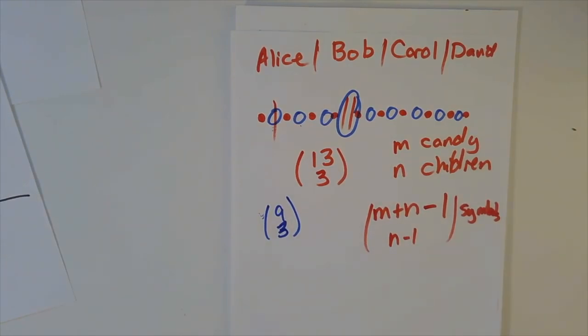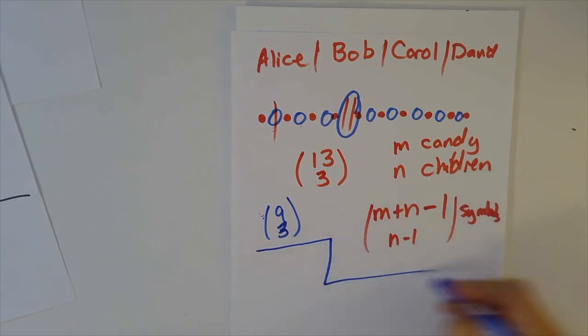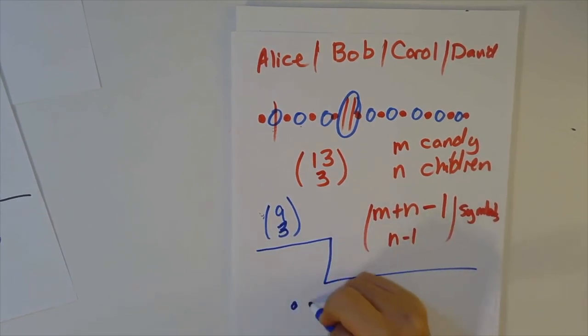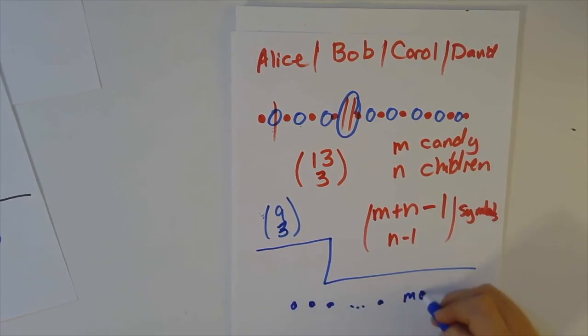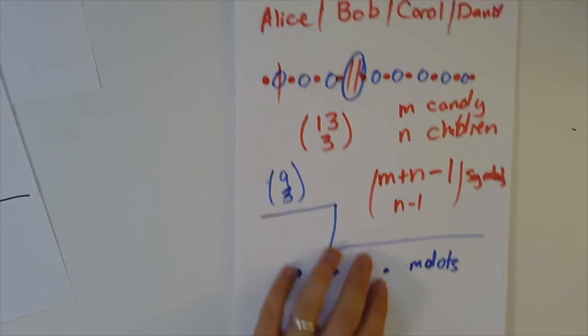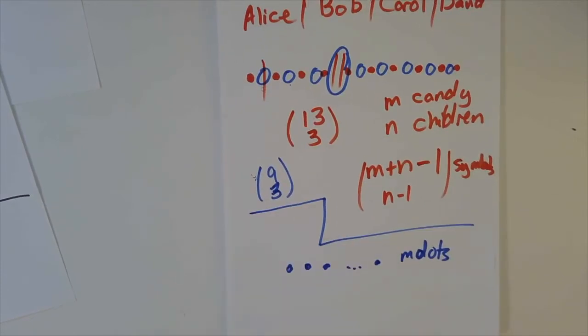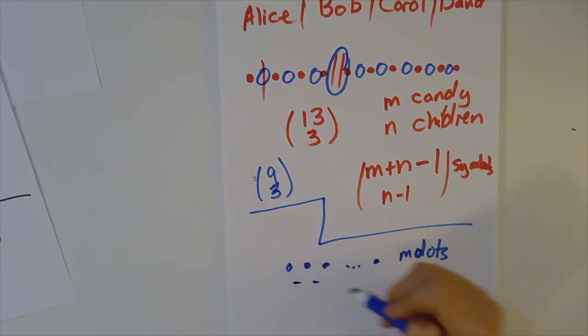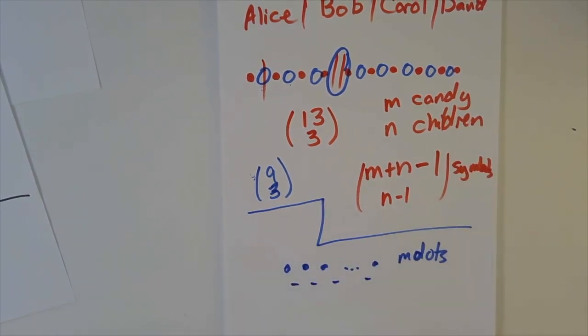Okay. But in general, I can make my m dots. So there's my m candy or m dots. I guess a dot is a kind of candy, so you can make it that kind of dot if you want. Please do not go out and buy candy. And so then we need to decide where we're going to draw the dividing lines. We just need to decide, of each of these possible slots between the pairs of adjacent candy, which one am I going to use?